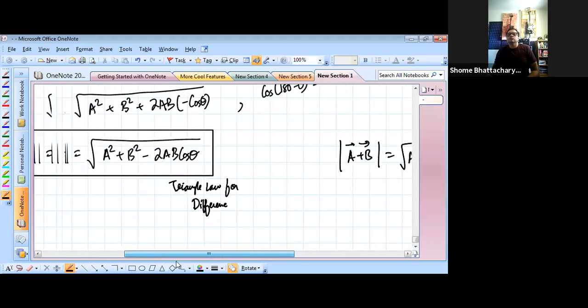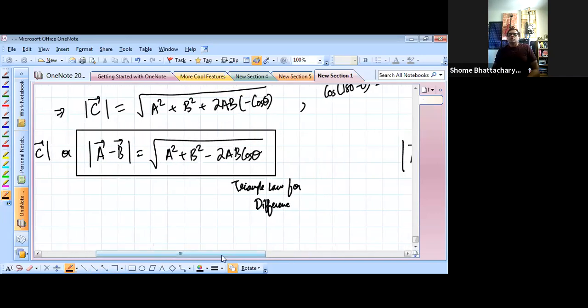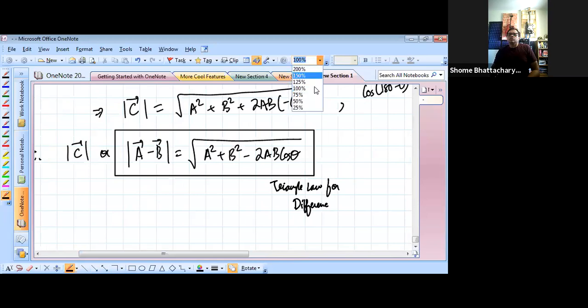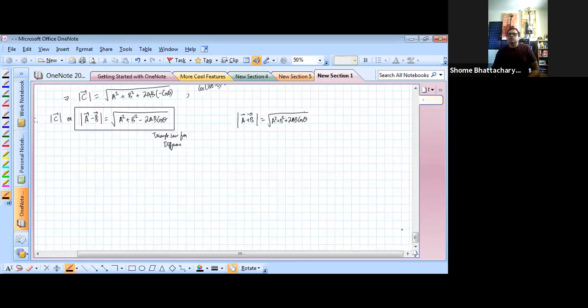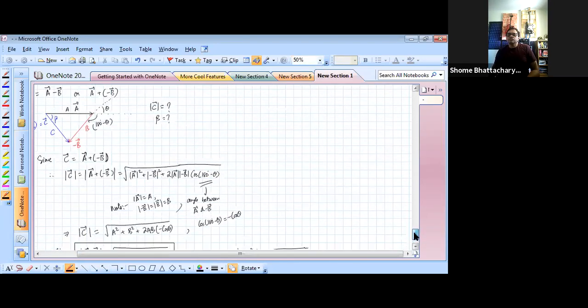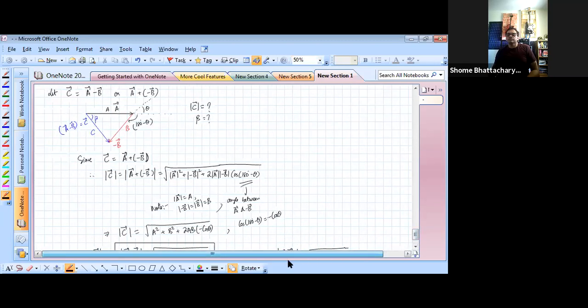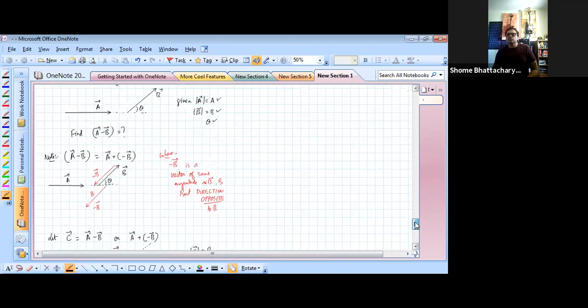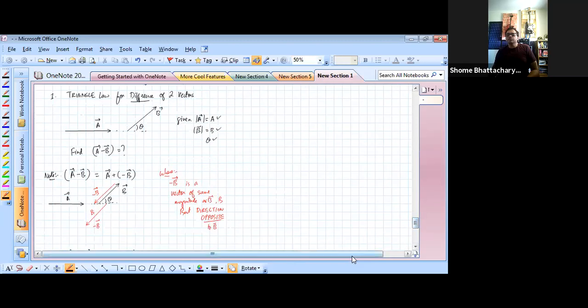Alright, so I will just leave you to understand this whole derivation once. So you can start from above itself. This is the new operation we are doing, triangle law for the difference of two vectors. So we are interpreting the difference as the sum of the vector A with the vector minus B. Okay, that's how we are interpreting this.